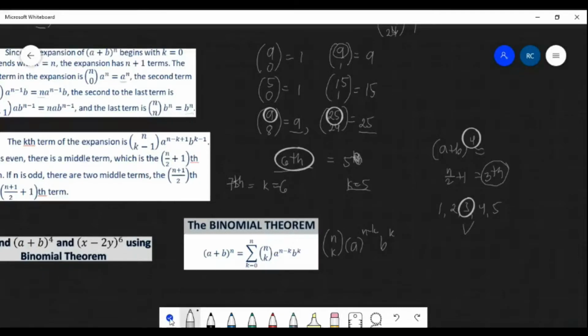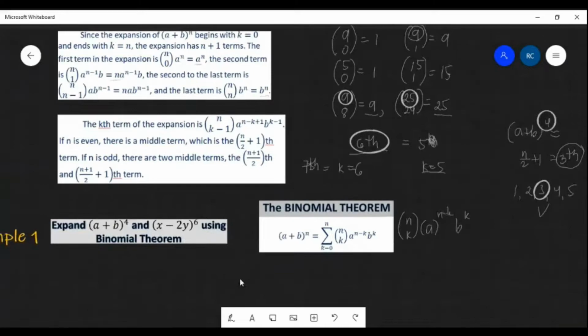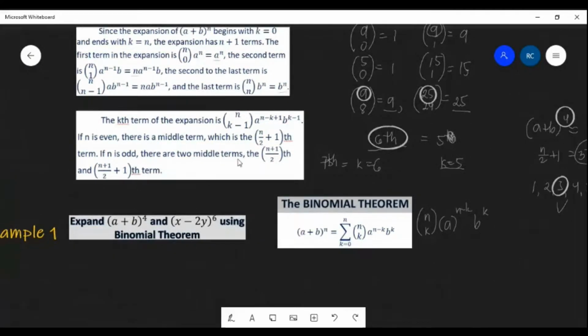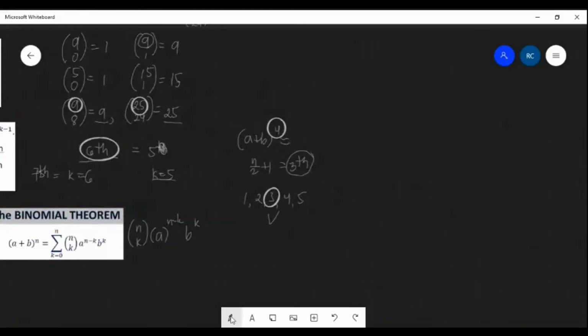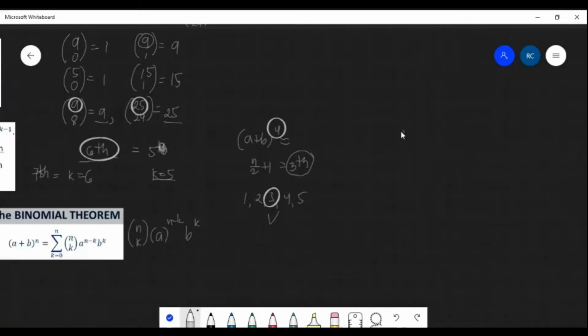Next, kung ang n naman is odd number, sabi dito, if n is odd number, there are two middle terms. So, yung formula nun, para makuha yung middle term, n plus 1 over 2 and n plus 1 over 2 plus 1. Halimbawa, yung n natin ay 5. So, a plus b raised to 5.